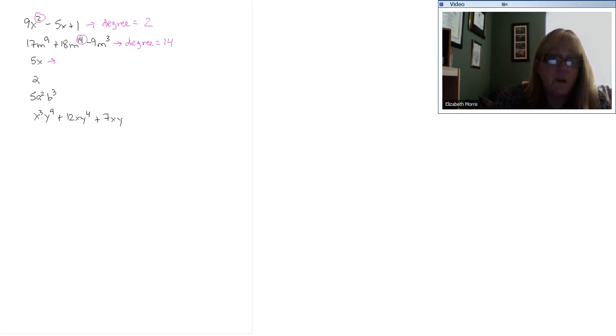This one, there's only one variable, one exponent, so it is what it is, 1. This one doesn't even have a variable. Remember, though, what can we assume? There's a variable to the 0 power. Now, for these two, when you have more than one variable in a piece, each piece of a polynomial being called a monomial, you take the two exponents and you add them.